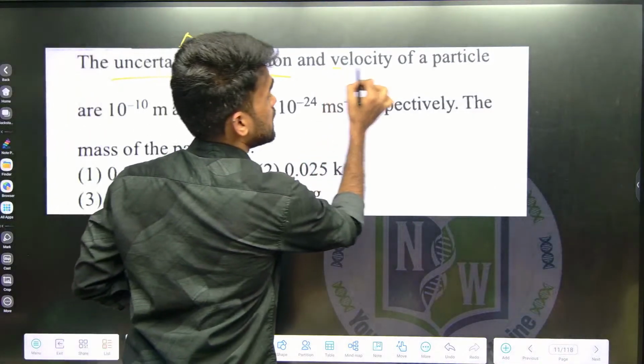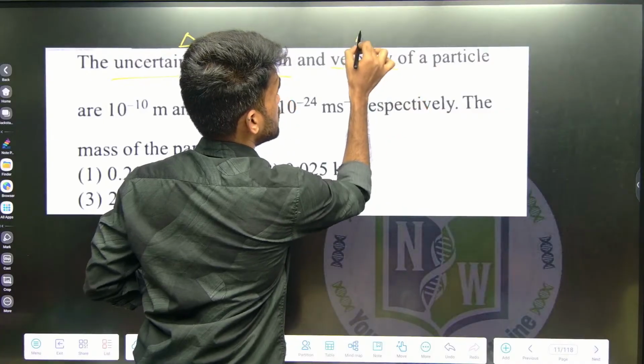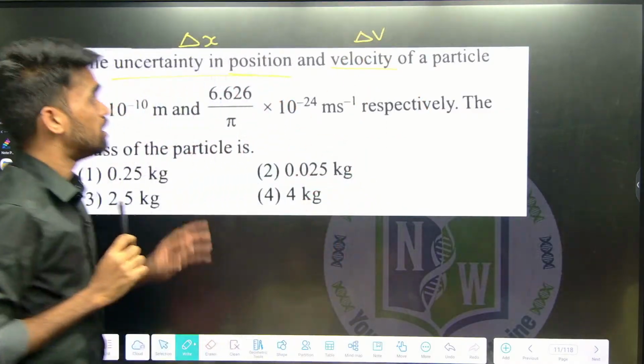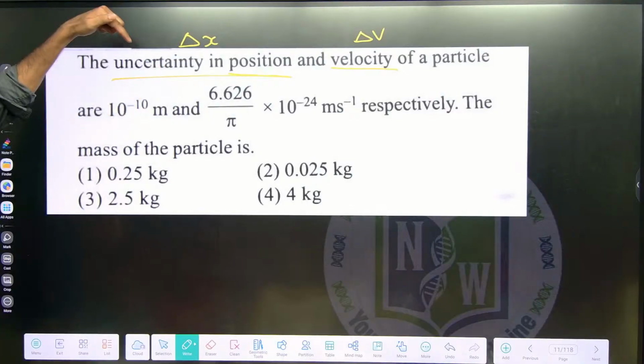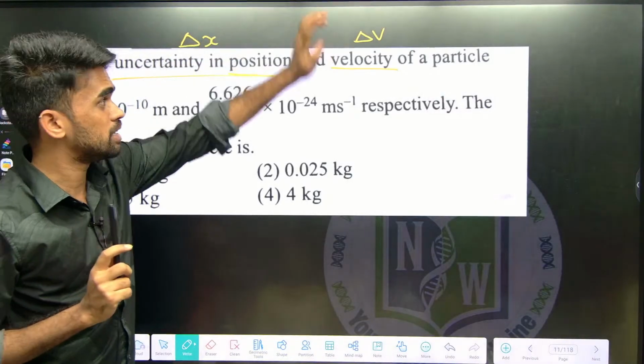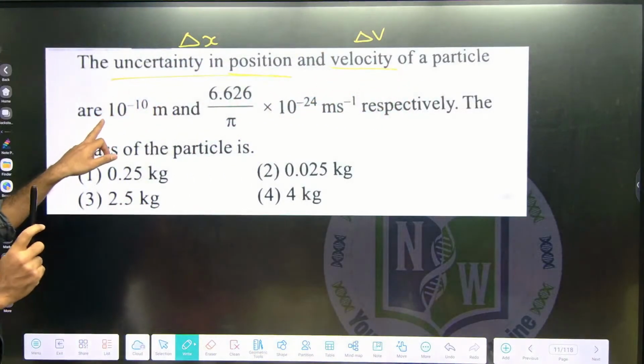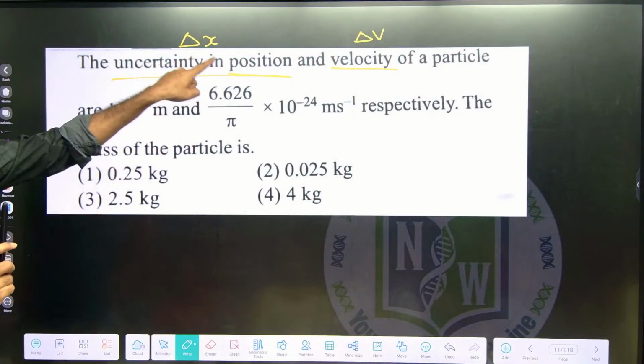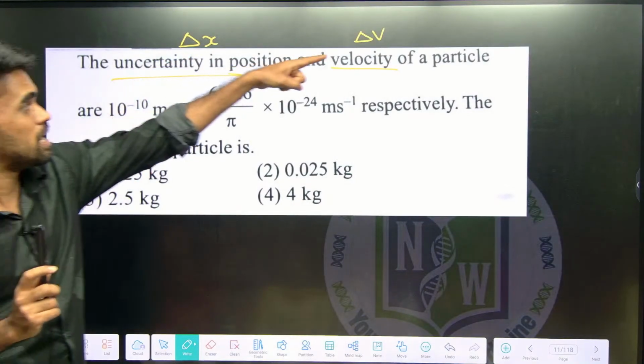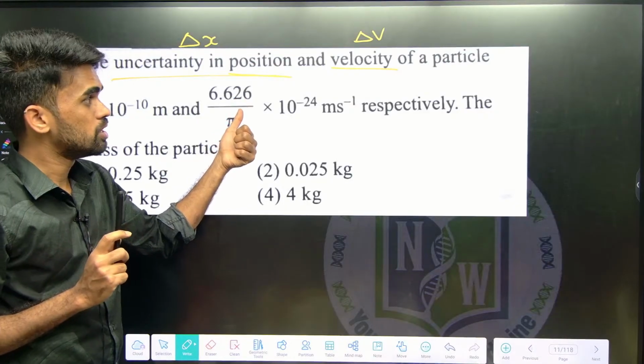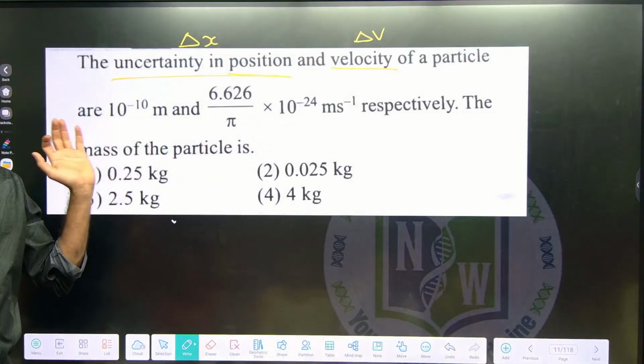Next, uncertainty in velocity should be represented like this. So the error in position and error in velocity of a particle are given: position error is this much and velocity error is this much. Then find the mass of that particle.